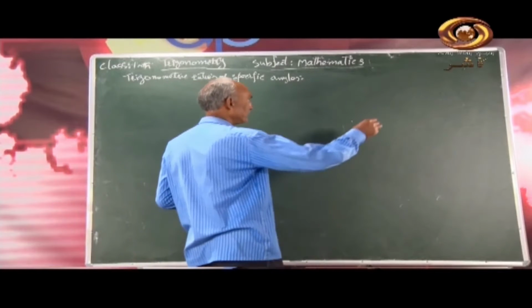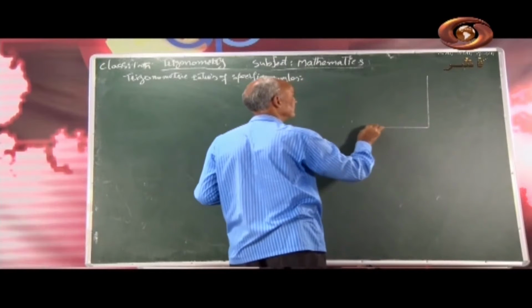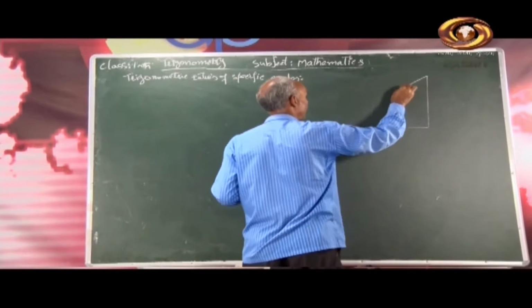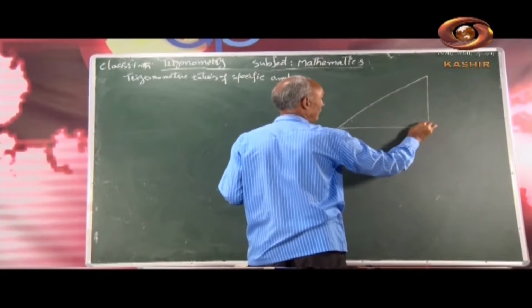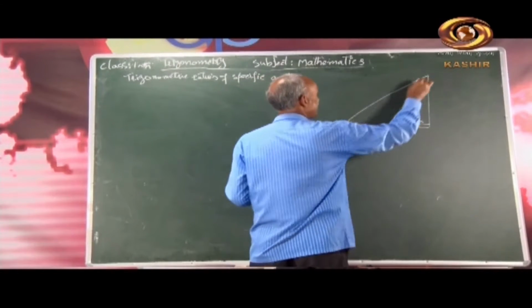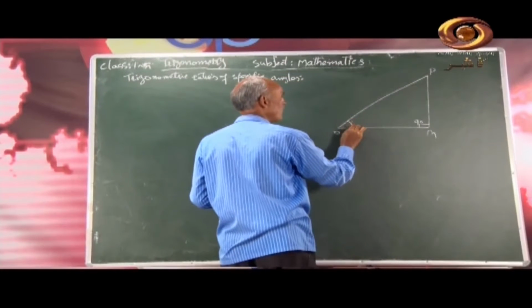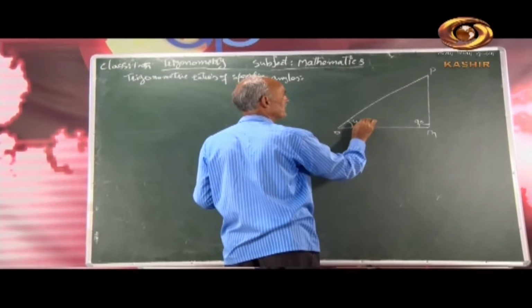Suppose we will take a right triangle, say triangle OPM, whose angle M of P is equal to 45 degree.